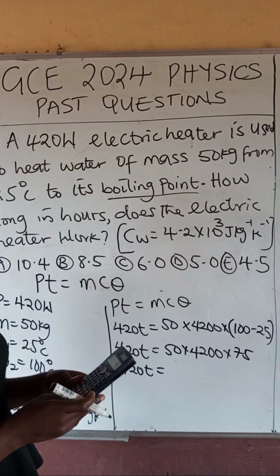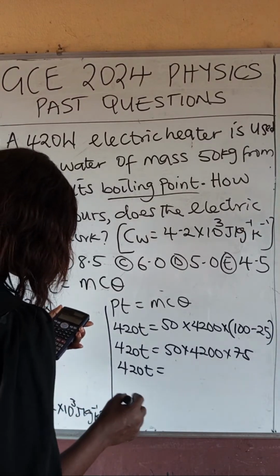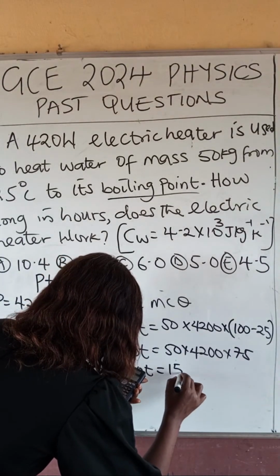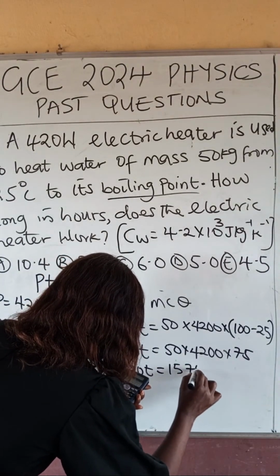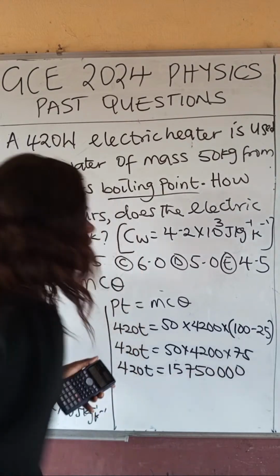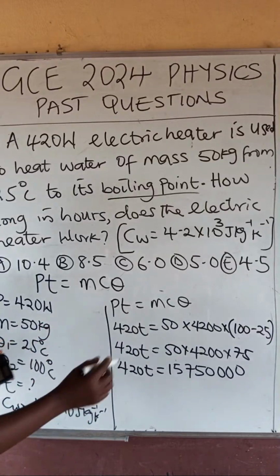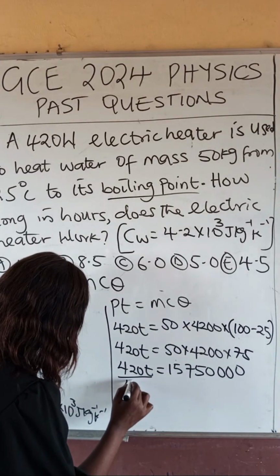Then multiply by 75. I'm going to have 15,750,000. Okay. Then the next thing I'm going to do is to divide both sides by the coefficient of T, which is 420.